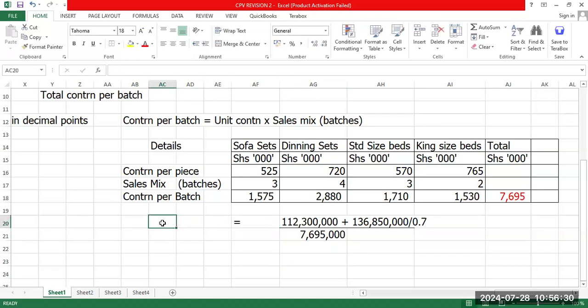And what do you get? Remember, here you're getting the farm's break-even point in batches, not in pieces. So what do you get?